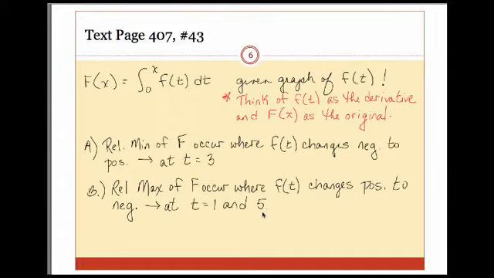Then by the time you get to 3, remember we talked about you have more negative area, because that area is bigger underneath the curve from 1 to 3 than it is from 0 to 1. Now you go 3 to 5 though, and that's like a big positive area, which is probably going to offset that negative area that you had up to when t equaled 3. And that's why there ends up being a relative max at 5, because all the way up to 5, you're definitely going to have a positive area. So that's something we're going to think about as we go ahead and answer C and D.